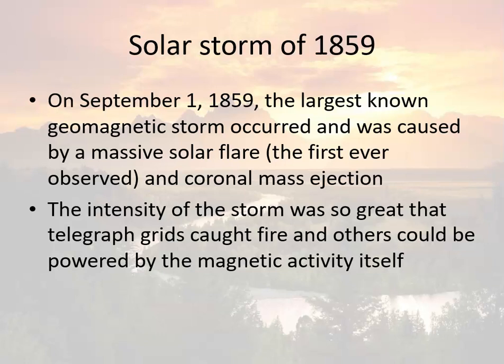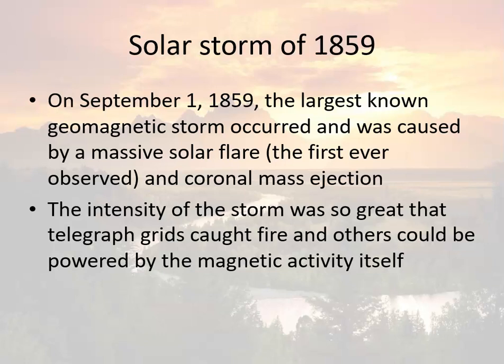This is the largest known geomagnetic storm, and it was caused by a very massive solar flare and the associated coronal mass ejection. In fact, the solar flare was so powerful that the radiation and everything from it cleared out a lane between Earth and the Sun that allowed the coronal mass ejection itself to travel directly toward Earth almost unhindered in a very short period of time.